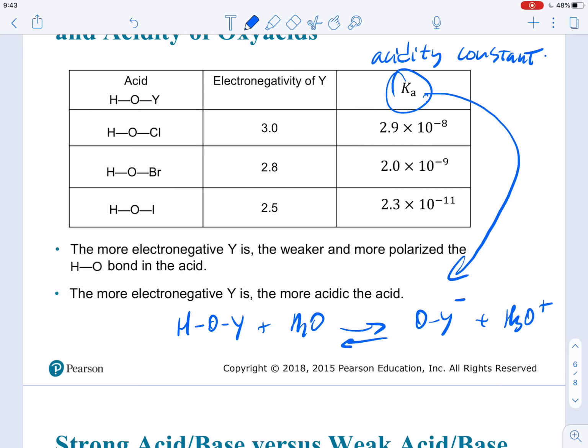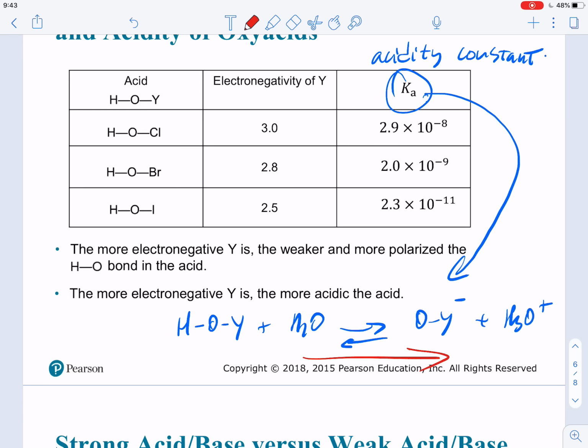The larger the value of Ka, of course, it means that the reaction is favoring products, and therefore if you are favoring the process of transferring that proton from the acid to water, you are making the acid stronger. So the acidity constant is a measure of acid strength, a numerical value, so to speak, for acid strength.